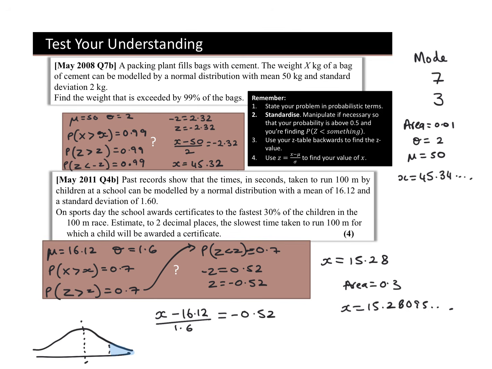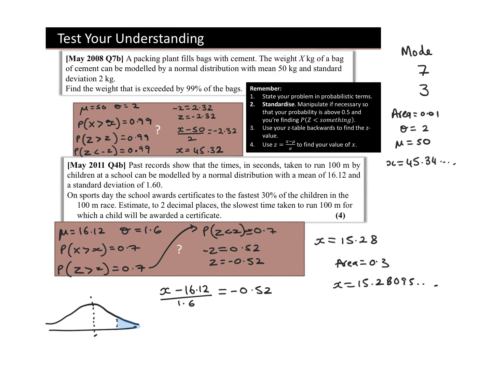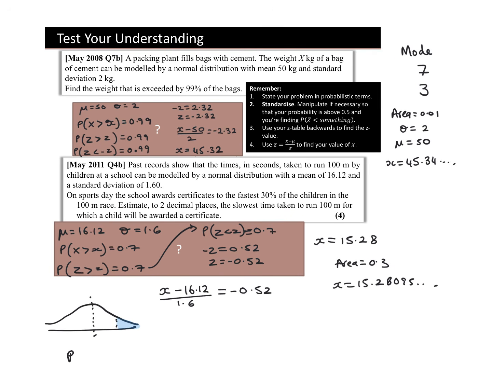Now, normally, what we would do is that would mean I want the probability of Z being less than Z equaling 0.3, because that's the same as finding this section, yeah? But remember, anything less than 0.5 I can't find. So it's the same as doing the minus.